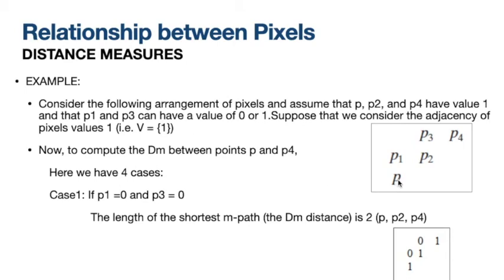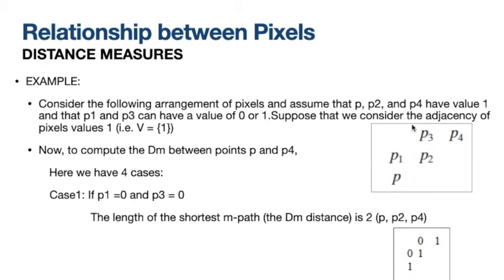Assume that P, P2, P4 have value 1 and P1, P3 have a value of 0 or 1. Here we are going to consider only the adjacency of pixel value 1. P, P2, P4 have value 1 always, and P1 and P3 can have a value of 0 or 1. So based on this there will be 4 cases.